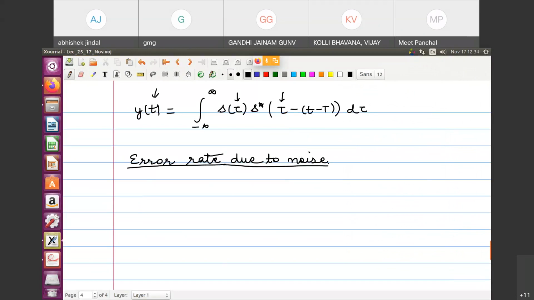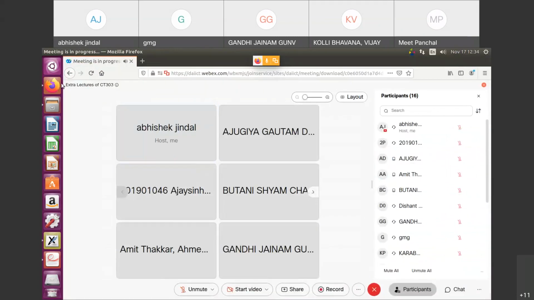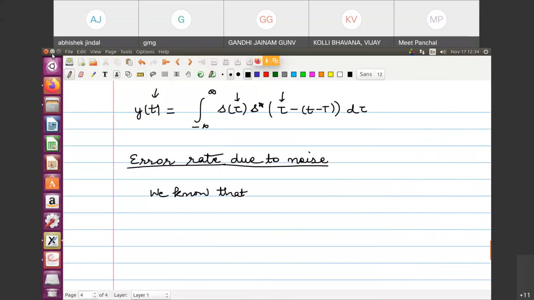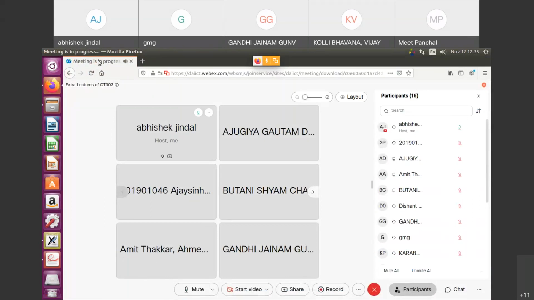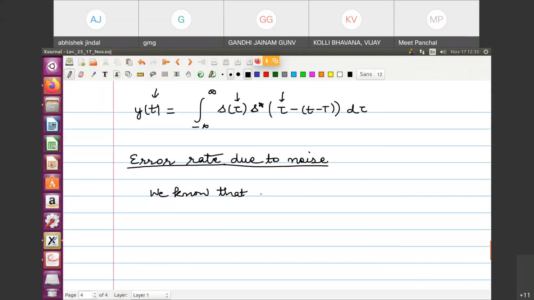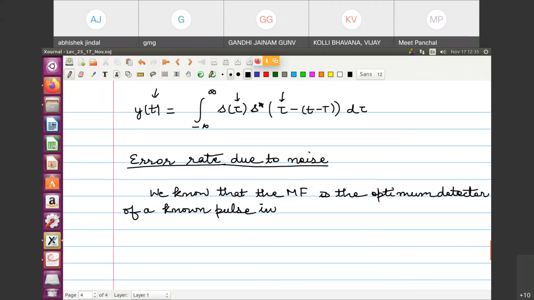So in this we would use the statistics learned to date. So we know that the matched filter is the optimum detector of a known pulse in additive white noise.